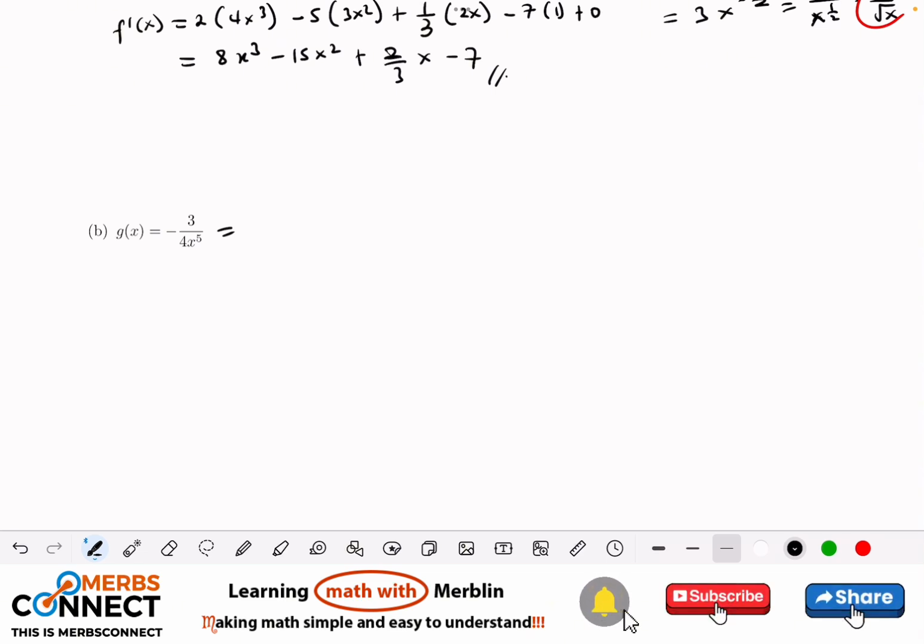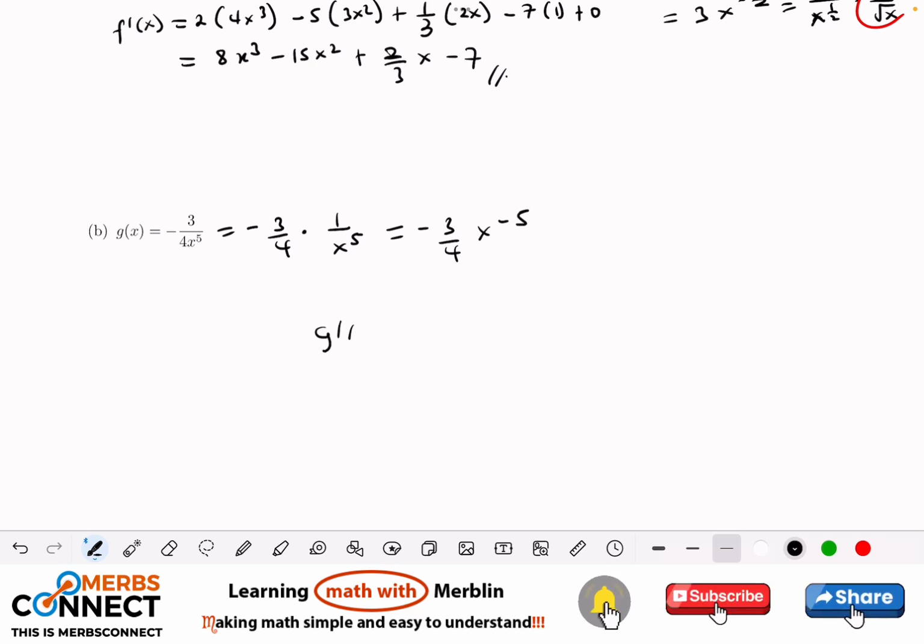So this one can be written as minus 3 over 4 times 1 over x to the power 5, right? So when I multiply it back, I'll get this. So minus 3 times 1 is minus 3, then 4 times x to the power 5 is that. So I can rewrite this one as minus 3 over 4 x to the power minus 5, right?